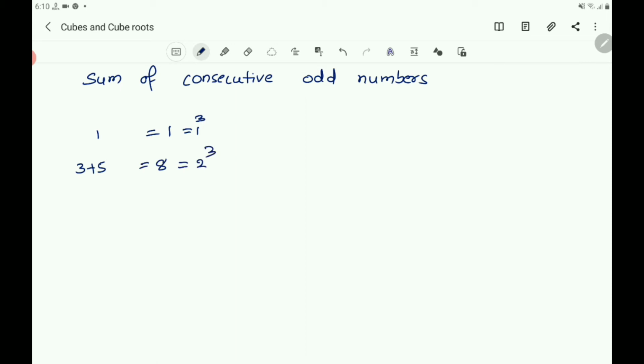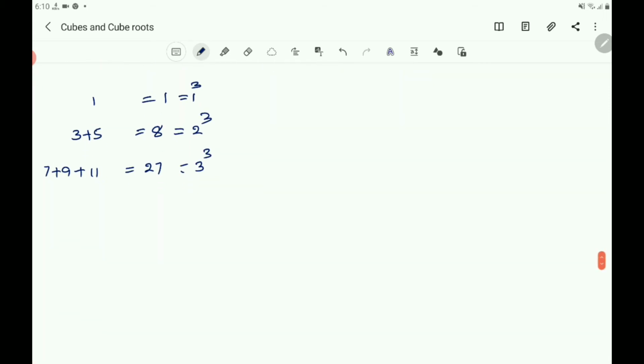Next odd numbers are 7 plus 9 plus 11. 1, 2, 3, three are there. So you will get 27, that equals 3 cube. Next odd numbers 13 plus 15 plus 17 plus 19, that equals 64.